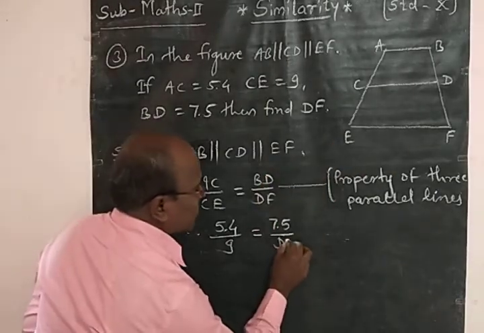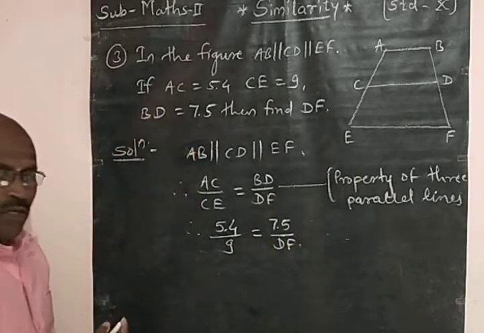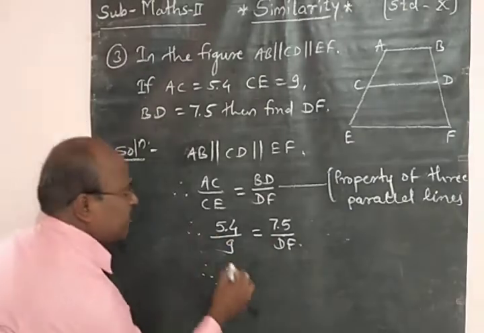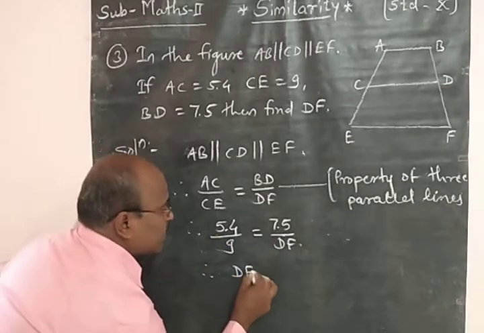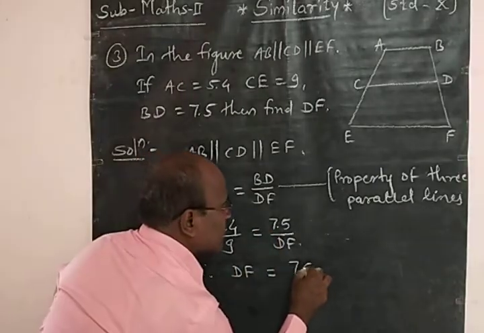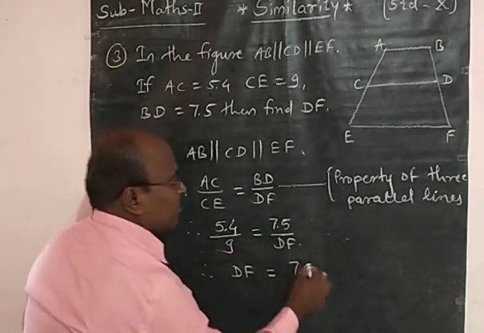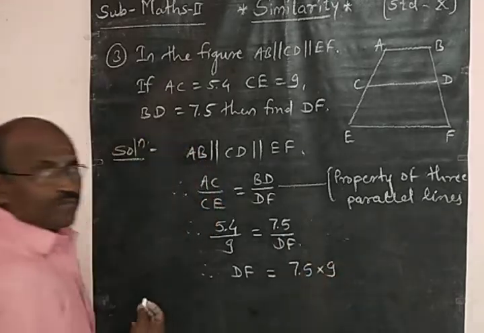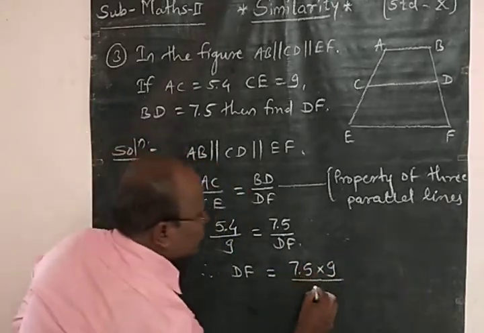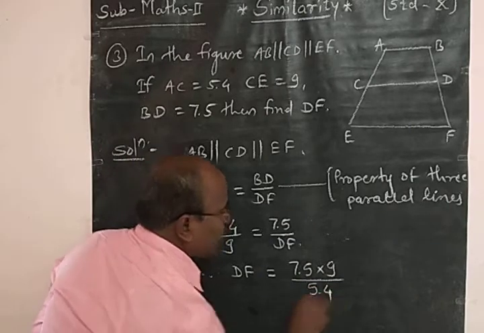So right here DF as it is. Now do the cross multiplication here. Take this to this side. Here is DF. And write this 7.5 as it is. Take this 9 to this side. So it will become here into 9. And again divided by, take this 5.4 to this side. So it will become here divided by 5.4.